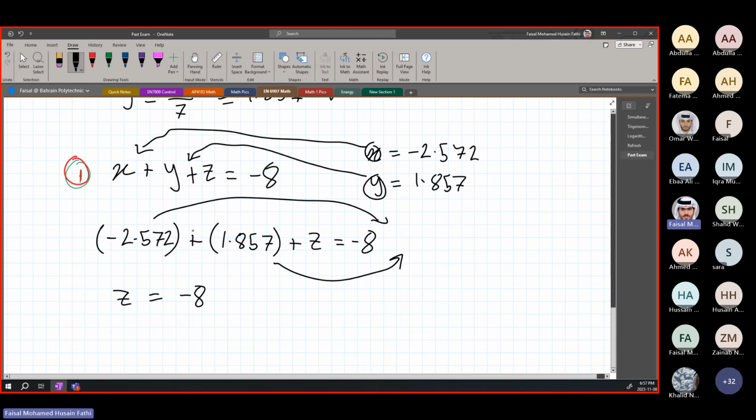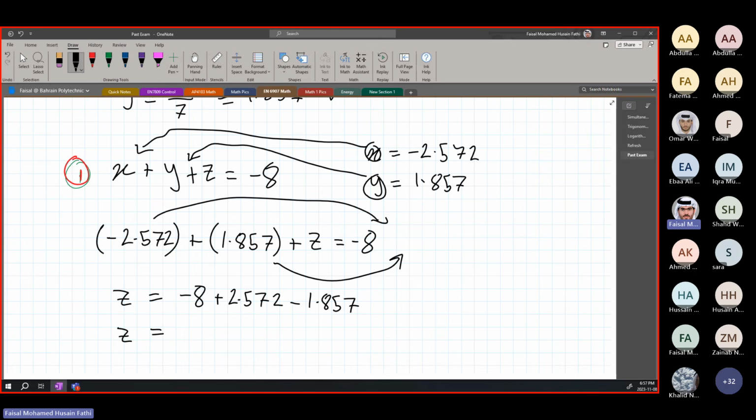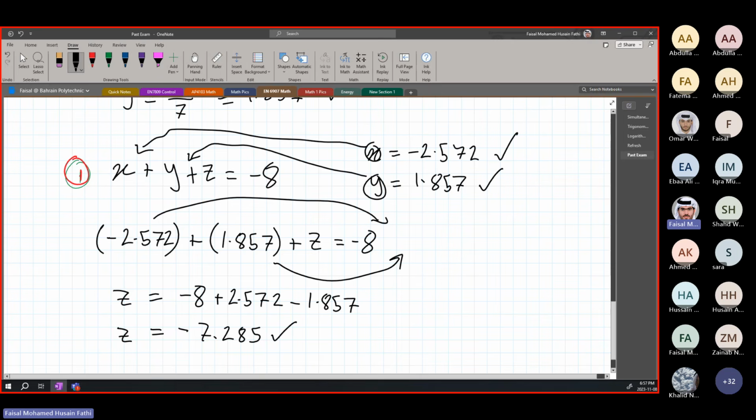So z is equal to minus 8 plus 2.572 minus 1.857. Then it's going to give me negative 7.285. And I found my Z. So we found X, we found Y, we found Z.